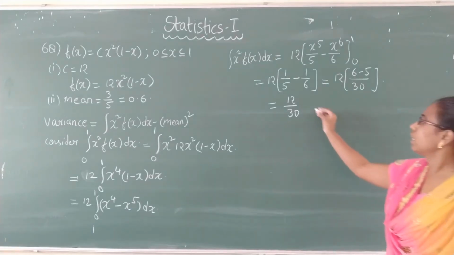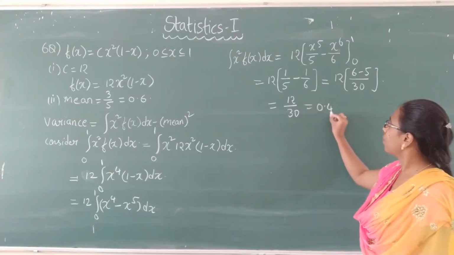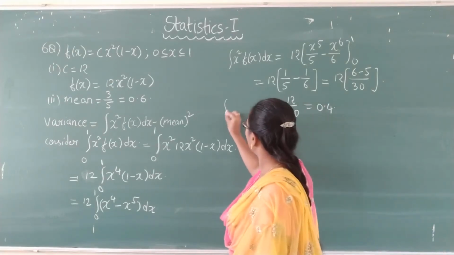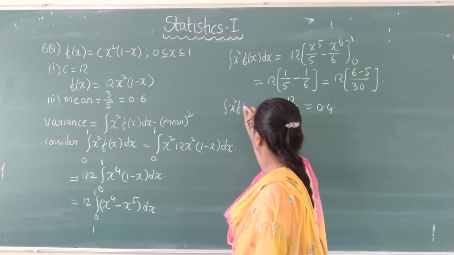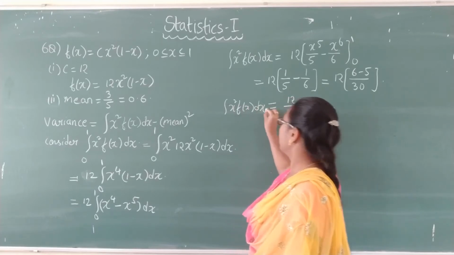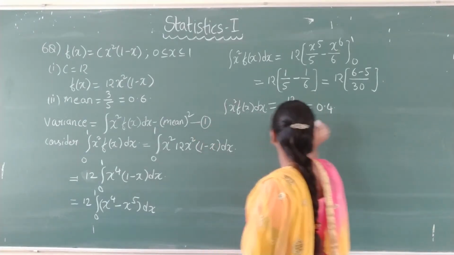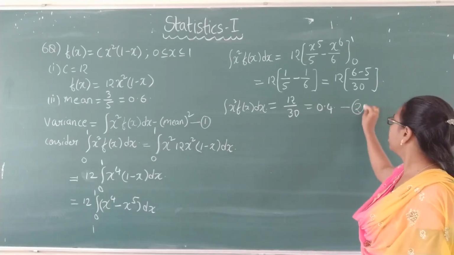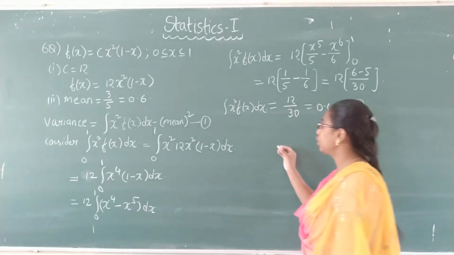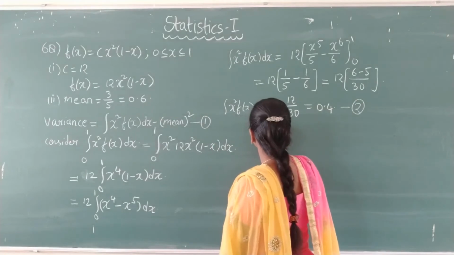So this is the first part value, that is integral over x square into f of x dx. If you have any confusion, write this one as equation 1, this one as equation 2. Now substitute equation 2 in equation 1.